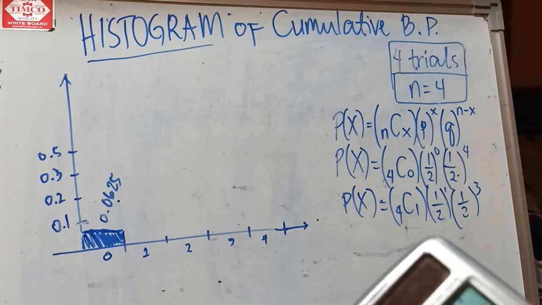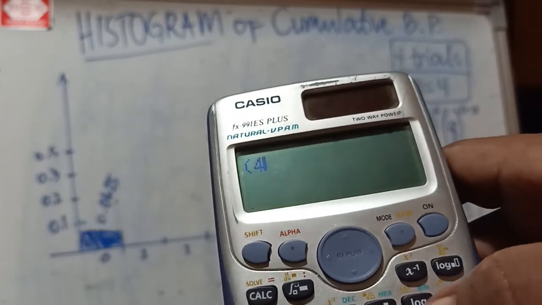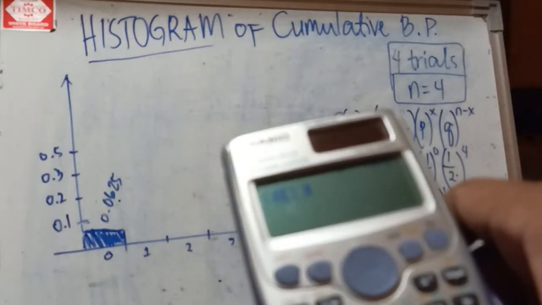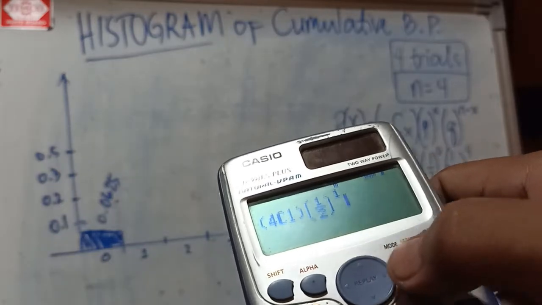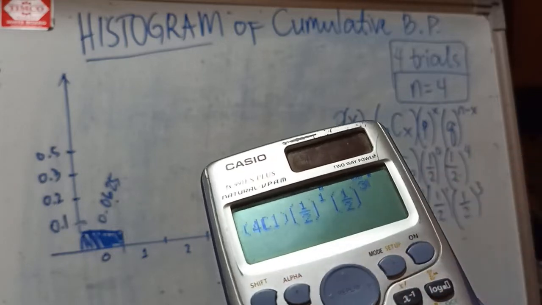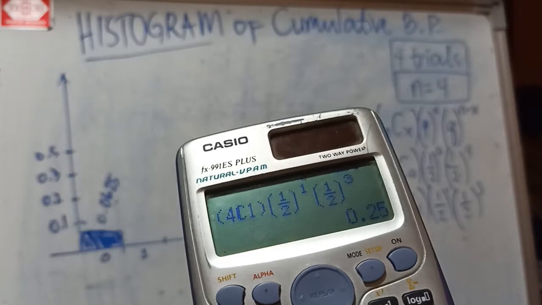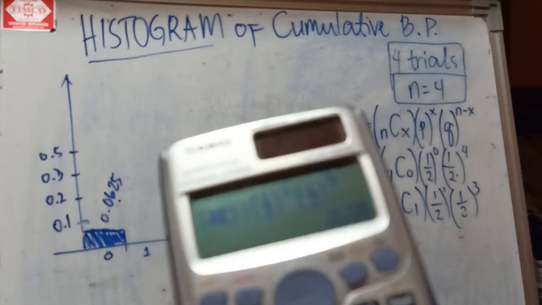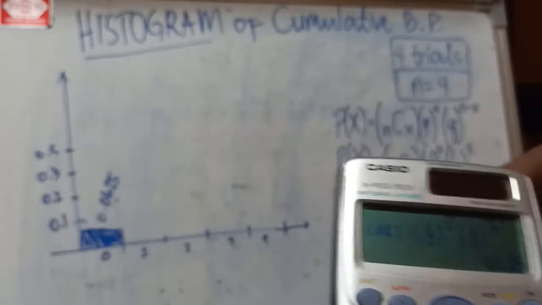We use the calculator again: 4 C 1, then 1/2 raised to 1, then 1/2 raised to 3. Then the equal sign, and we have 1/4 or 0.25. But the trick here is to look at the calculator: it says 0.25 for this one.